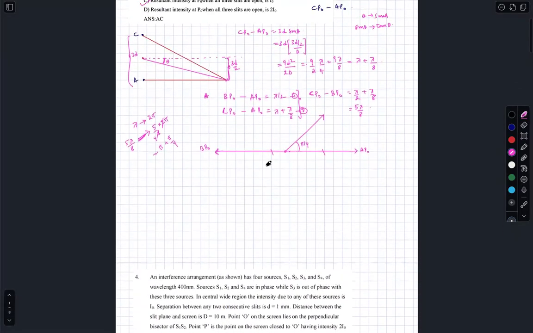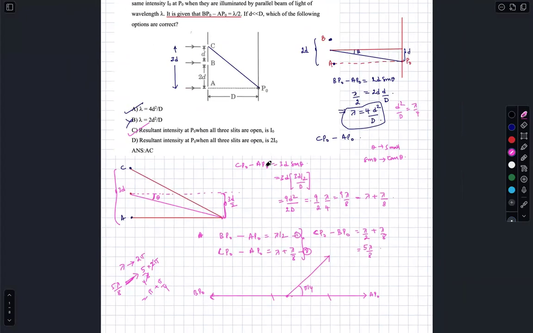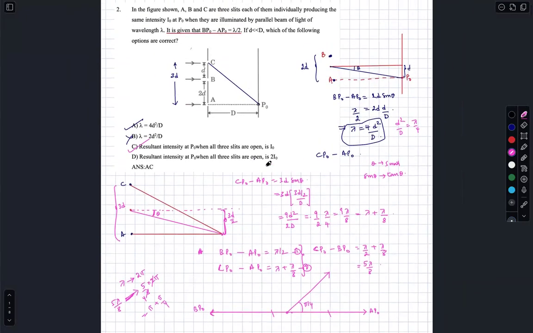Right. This is about three slits. So when you are given a three slit problem, first you take one as a reference, say, for example, AP not as the reference. Then gradually you pick BP naught, you pick CP naught in terms of lambda or phase, whatever is possible, it is up to your choice.